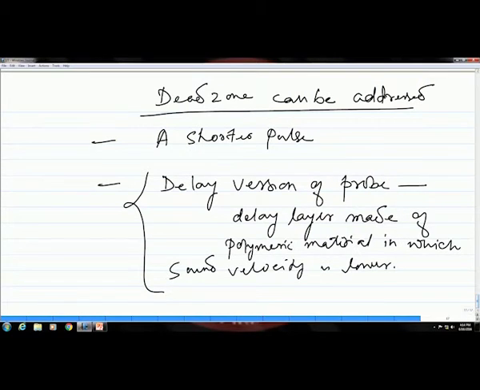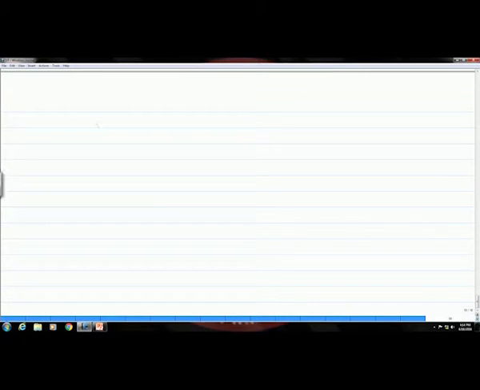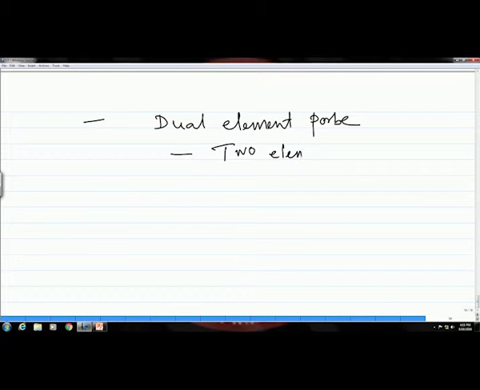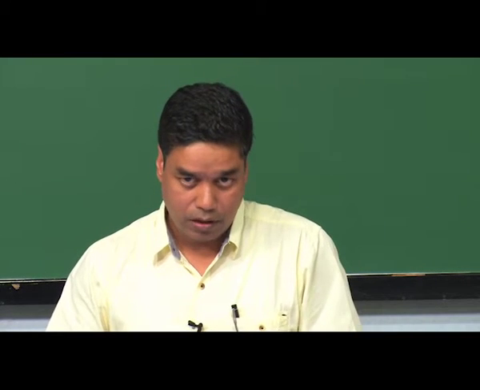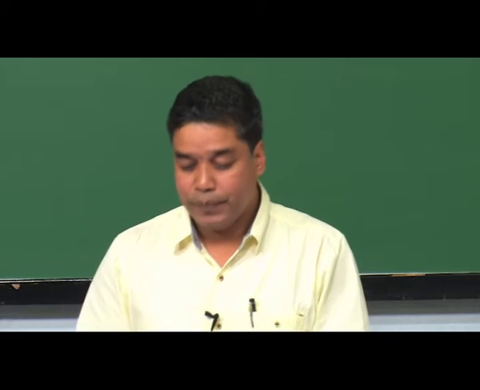Okay. And then the other way of avoiding dead zone is to use what is called a dual element probe. So, in this case, as the name suggests, it has two elements, two active elements which generate these ultrasonic pulses. So, these are actually piezoelectric elements, which we will talk about a little later in more detail.